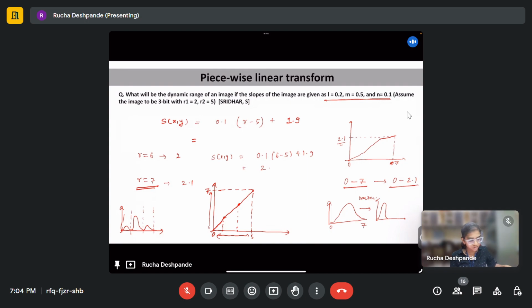And any disadvantage of this function? Disadvantage as such, yeah, if you're not careful, then you might end up producing a darker image. I mean, if you do not choose a proper function, like what happened here.